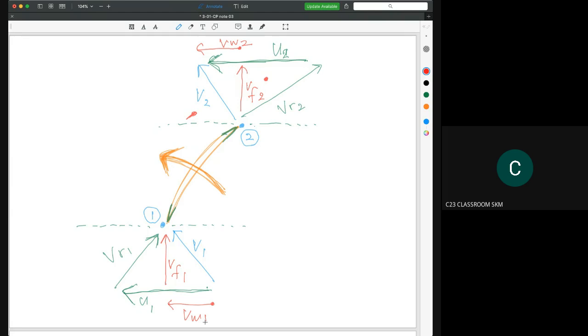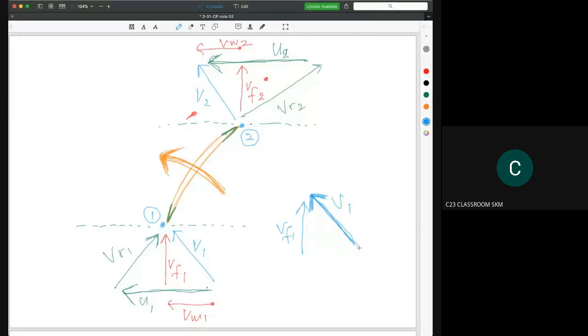Another thing that you should know here is please make sure that your velocity triangle is in the right direction of vector. For example, we have a V1 here, and then finally you draw the VF1 here. Please bear in mind that the V1 here is the resultant velocity.